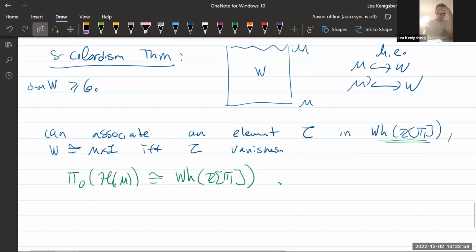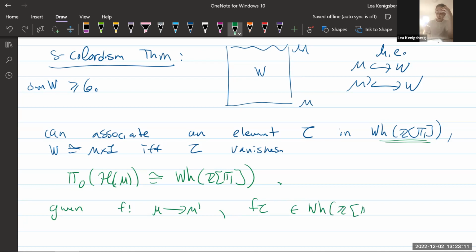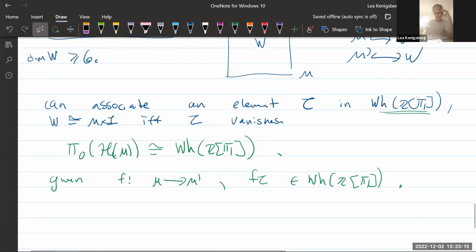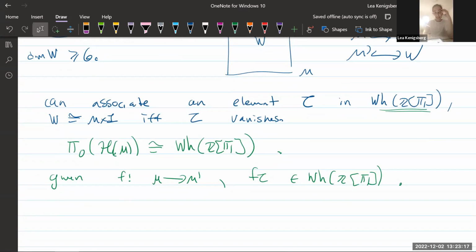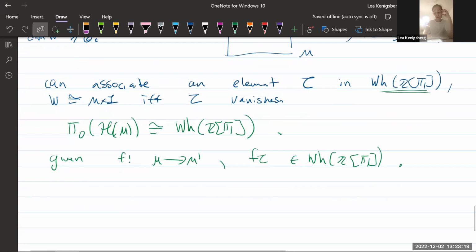And given a homotopy equivalence F from M to M prime, you can also associate to it tau of F in the Whitehead group, which is 0 if and only if F is a simple homotopy equivalence.